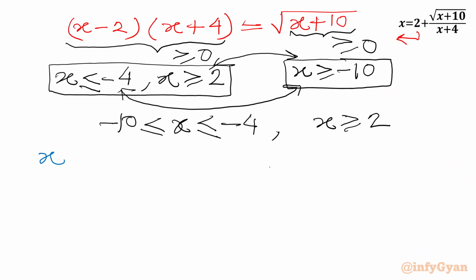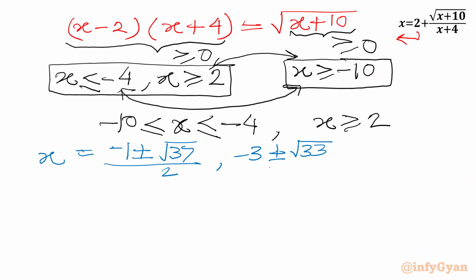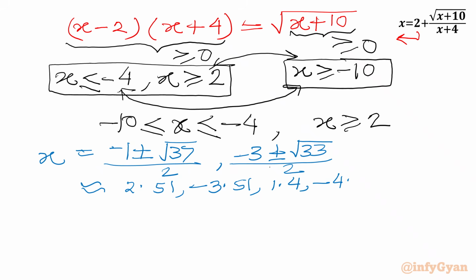Let me write here x equal to, let me write all the values, minus 1 plus minus square root 37 over 2, and we have minus 3 plus minus square root 33 over 2. Its approximate values are 2.51, minus 3.51, 1.4, minus 4.4.